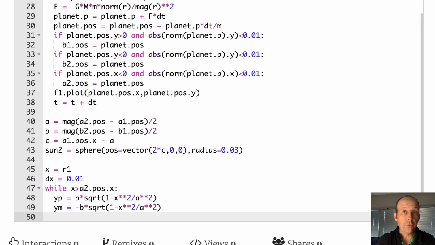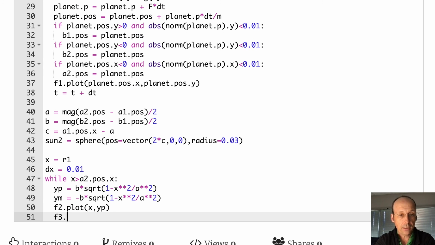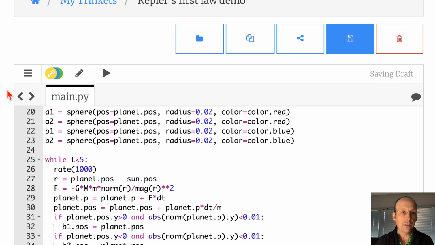Now I'm going to plot both those. So I'm going to say f2.plot(x, yp), f3.plot(x, ym). And then I need to change my value of x: x equals x minus dx. And I feel like I might have made a mistake, so let's save this and run it.